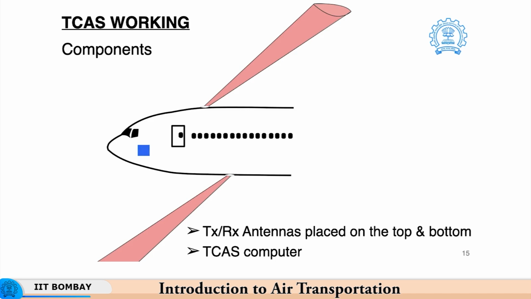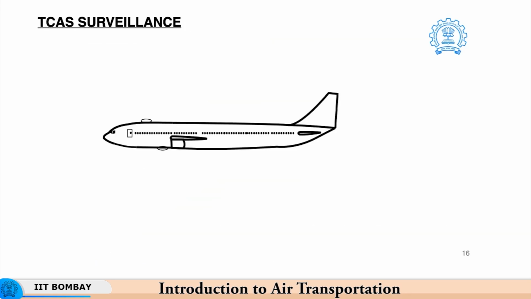Then it also makes use of a dedicated TCAS computer that carries out the underlying calculations so that the required decisions can be obtained from the system, and proper flight operations can be carried out to meet the safety requirements.